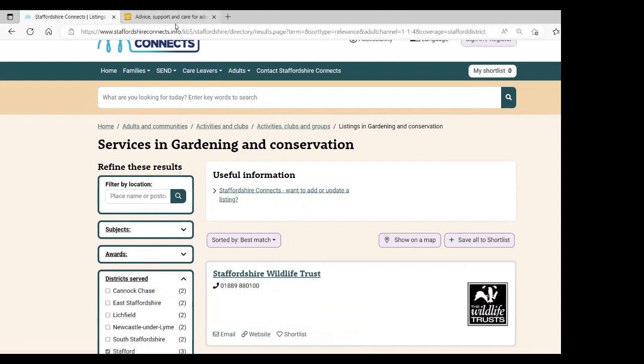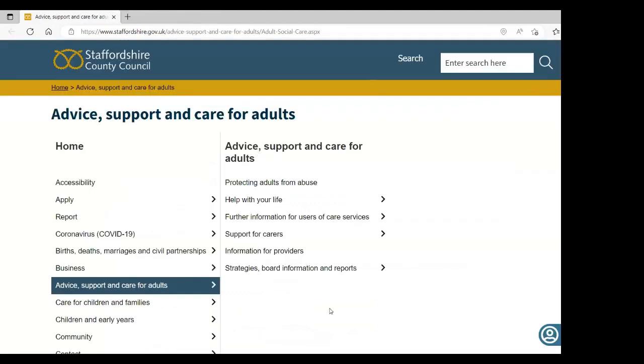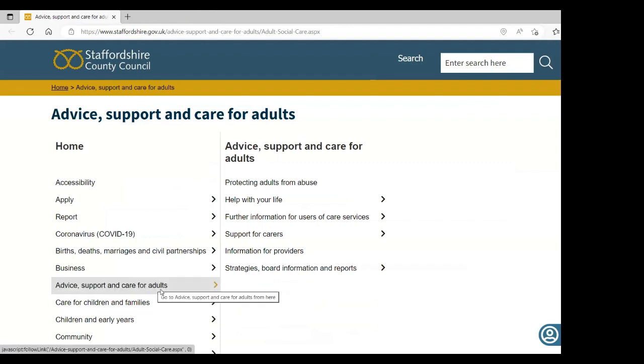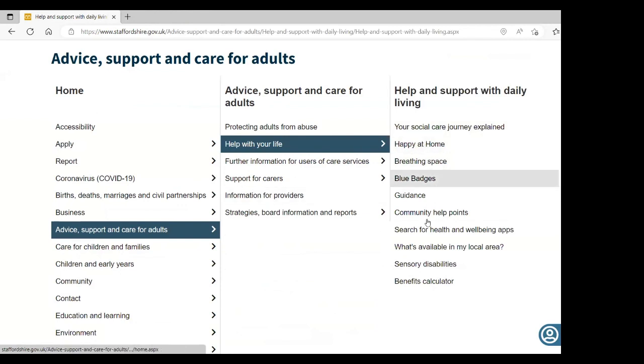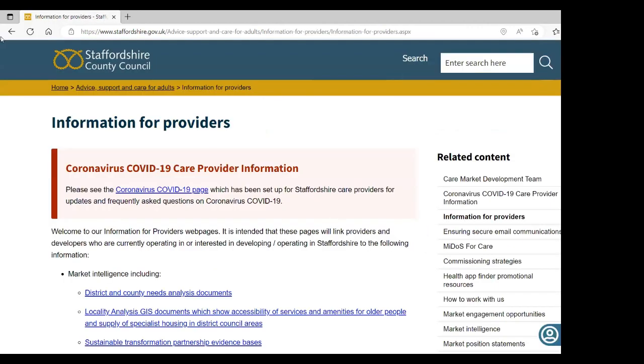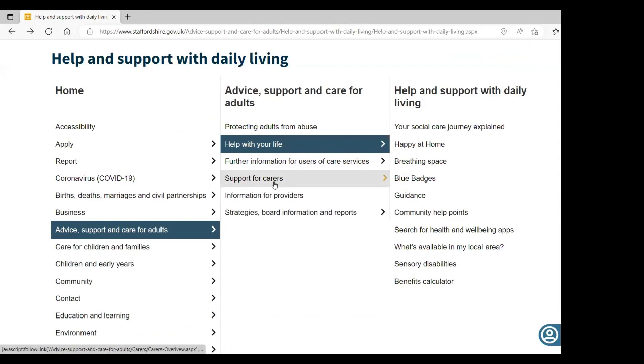And then the other one, I closed that one down. The other one was the county council. So again, on the advice and support for carers, they have got help there as well. So helping with your life, and they've got information for providers, and support for carers.